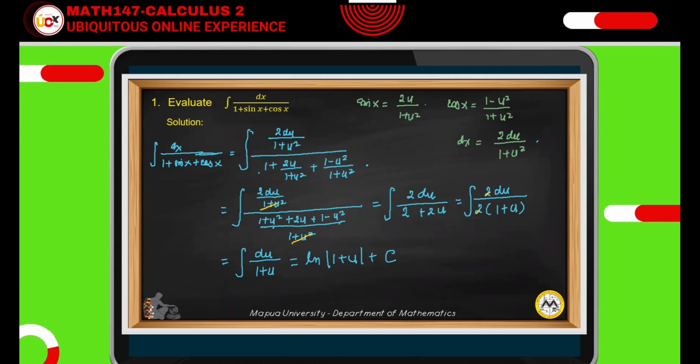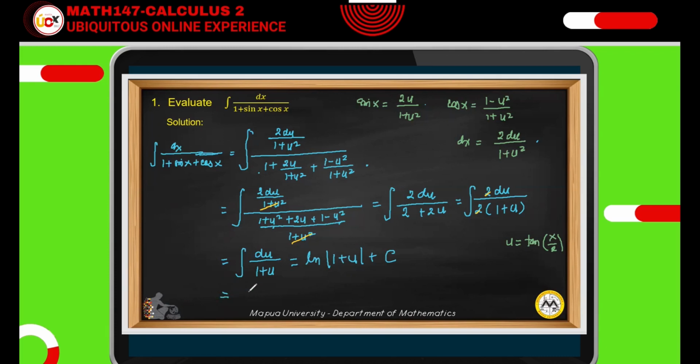Since u is equal to tangent of x over 2, we are going to replace u by tangent of x over 2.